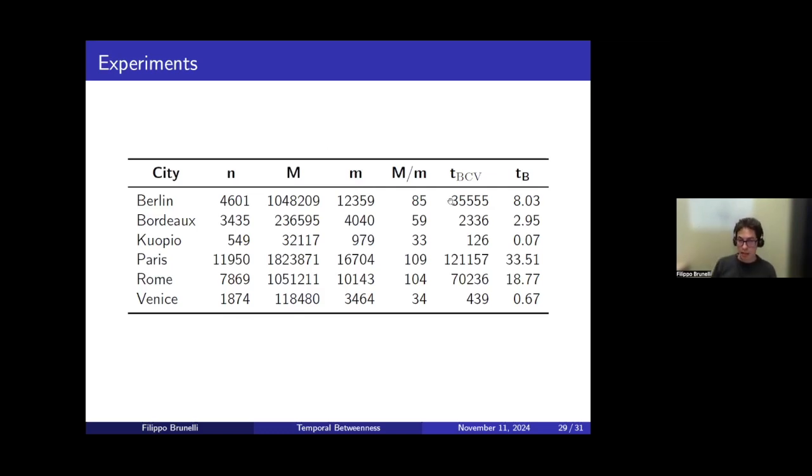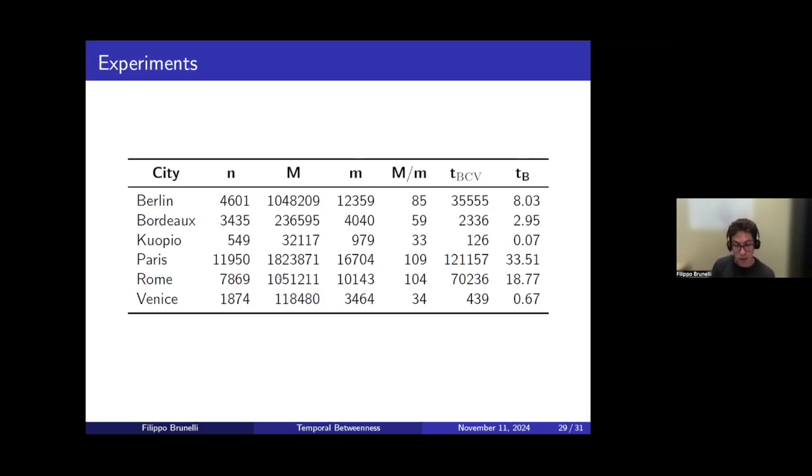Here we are comparing ourselves with Brandes, and as you can see, Brandes is much, much faster. But Brandes is performed on the static graph, where the temporal graph can be much bigger.